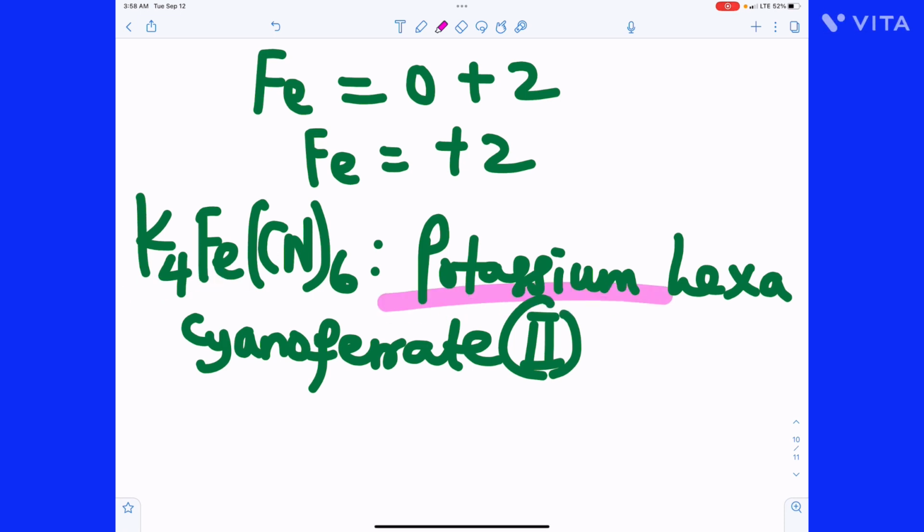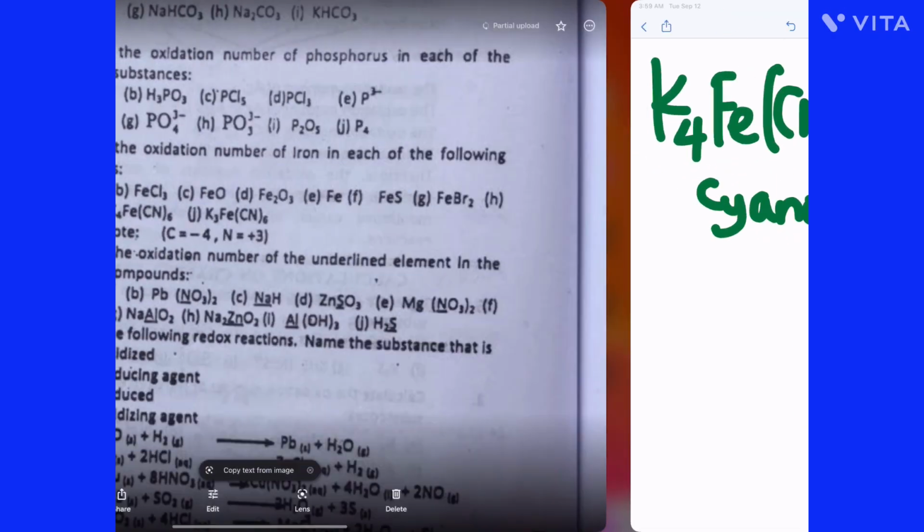Hexacyanoferrate, meaning 6 cyanide ions, which is CN minus, and ferrate, which is iron, plus 2. So that's how we name the compound. Let's go to J.